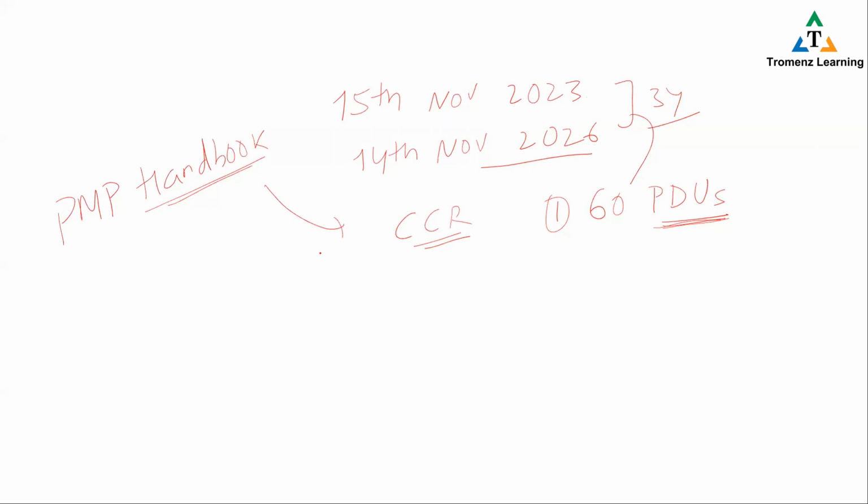But let me give you some common ways of earning PDUs for now. You attend a formal training program. That's one way. Say after you get certified, you attend some training around project management, like a 2-day training on risk management, or negotiation, motivation skills, ITIL, PRINCE2, program management, anything around project management would suffice.